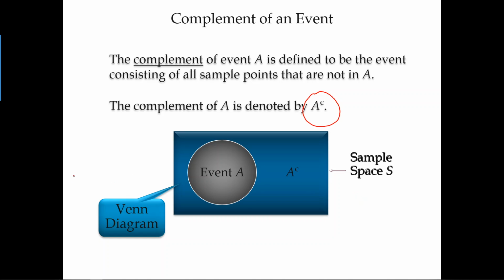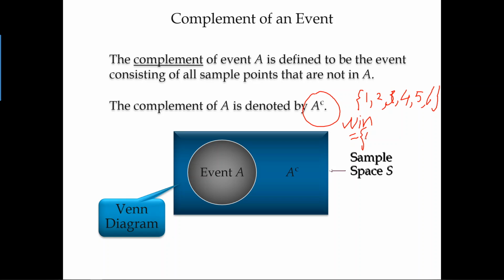So let me give you an example. Let's use winning the gambling game. We roll the die once. The sample space will be 1, 2, 3, 4, 5, and 6, right? So this is my sample space. Last time we defined a win. Winning the game is you get a number larger than 3.